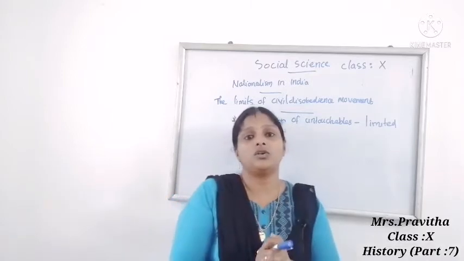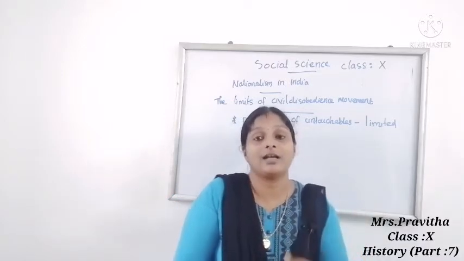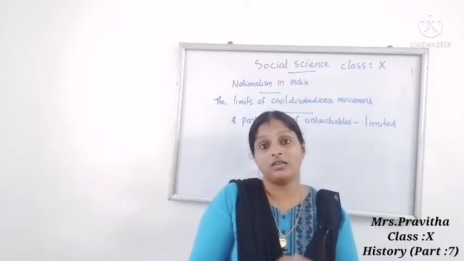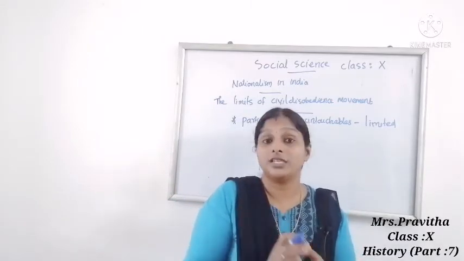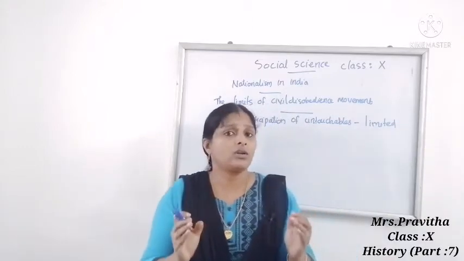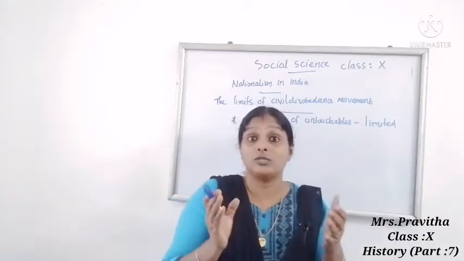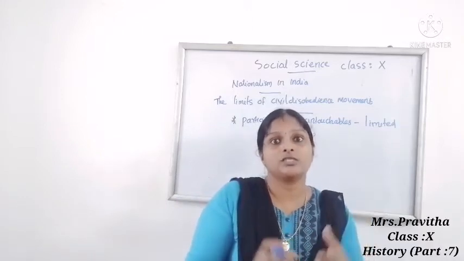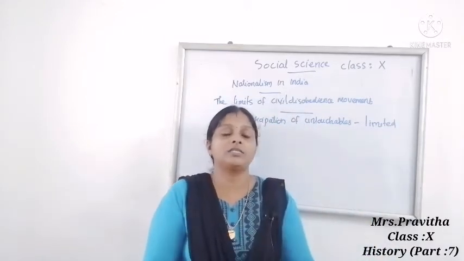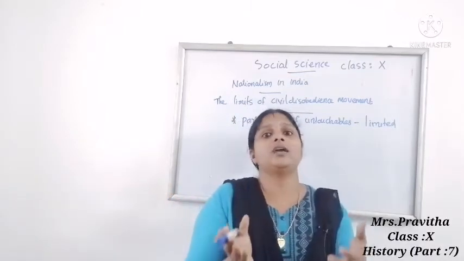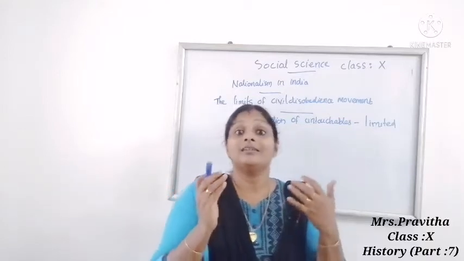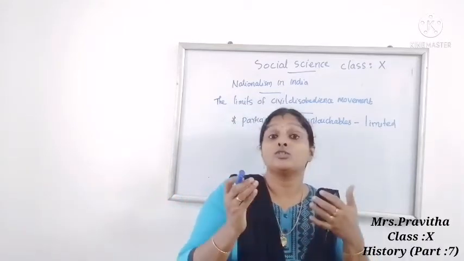Gandhiji called the untouchables Harijans, the children of God, and he organized many satyagrahas to secure the untouchables' entry into temples. Not only this, also for access to public wells, tanks, roads and schools.